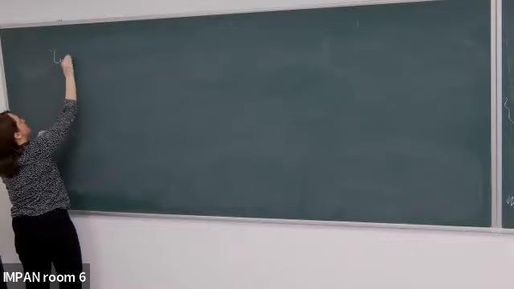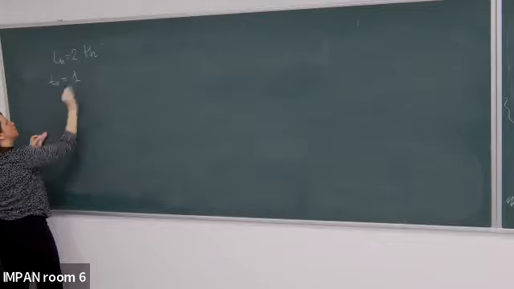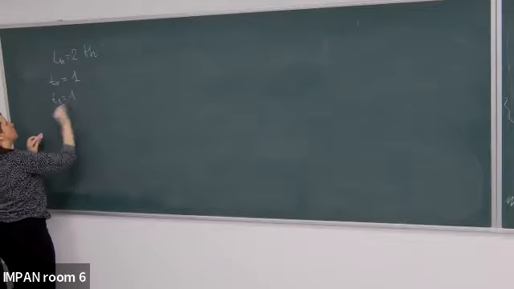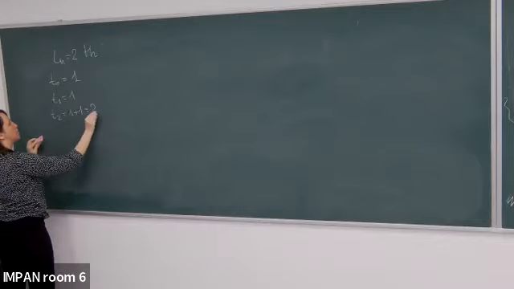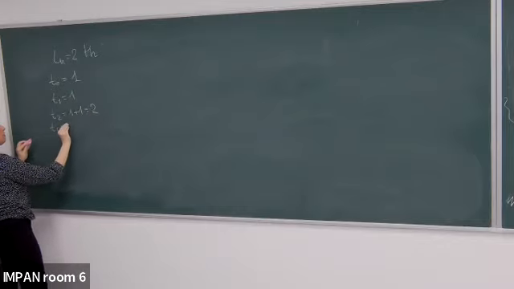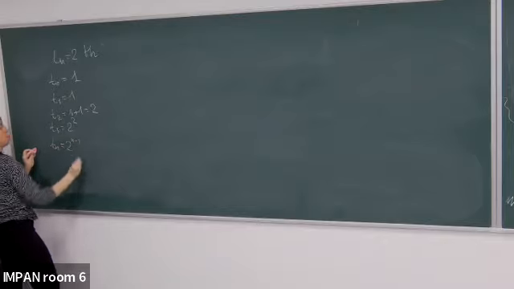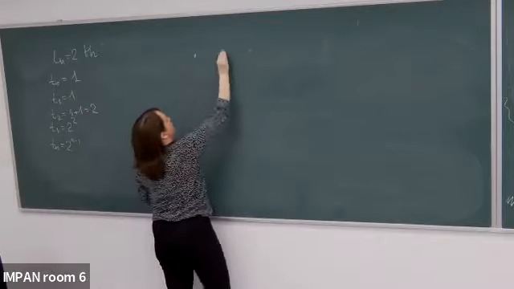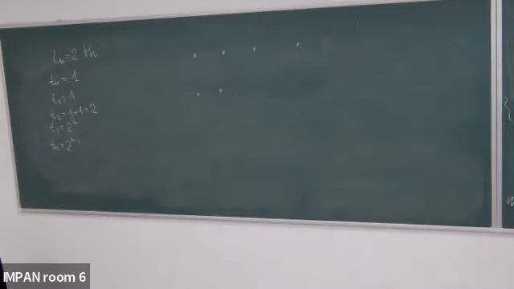Here the number of vertices is 2 for every n, and we have T0 equal to 1, T1 equal to 1, T2 equal to 1 plus 1 equal to 2, T3 equal to 2 squared, and Tn will be 2 to the power n minus 1. So we will have exactly that condition starting from 0 here.